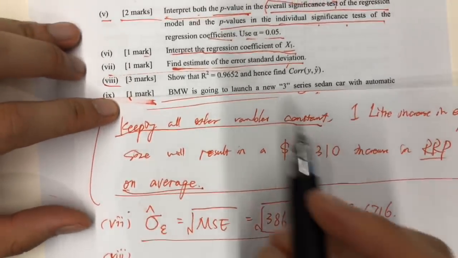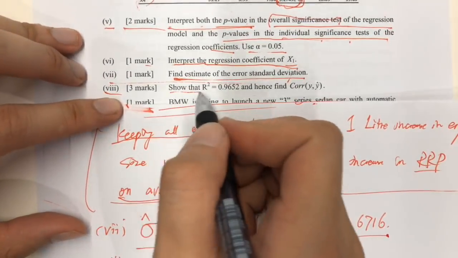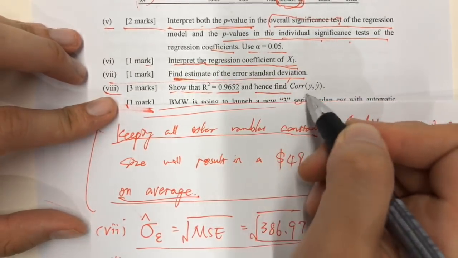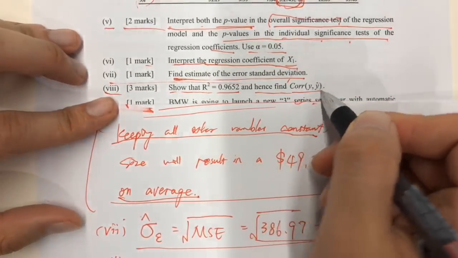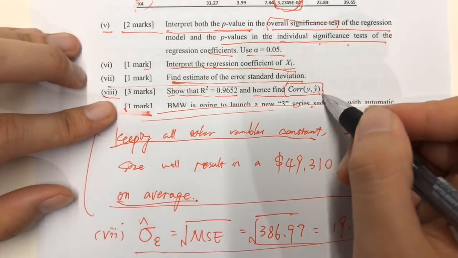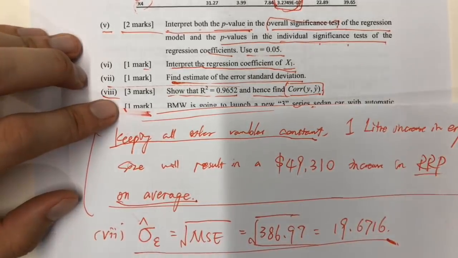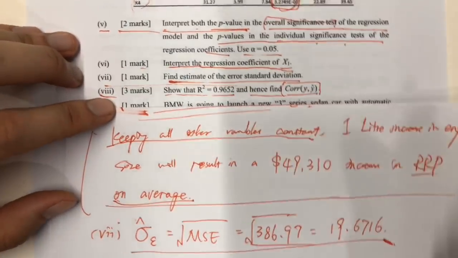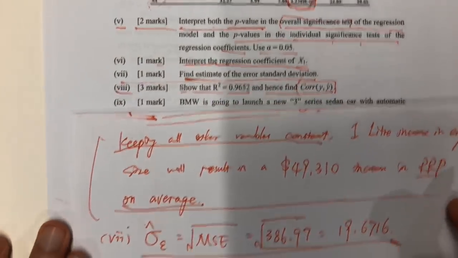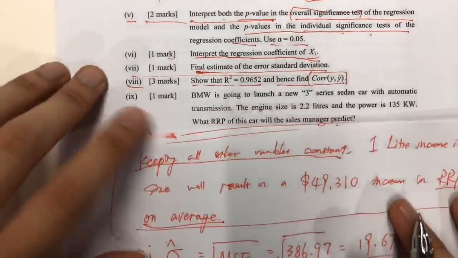Now, let's look at question 8. For question 8, it's asking us to show that R squared equals this bad boy and hence find the correlation of y and y hat. Oh my God, what is this? Do you remember? It's multiple R, right? Okay, so that's how it can be tested, okay? All right. So, let's look at question 8 together.